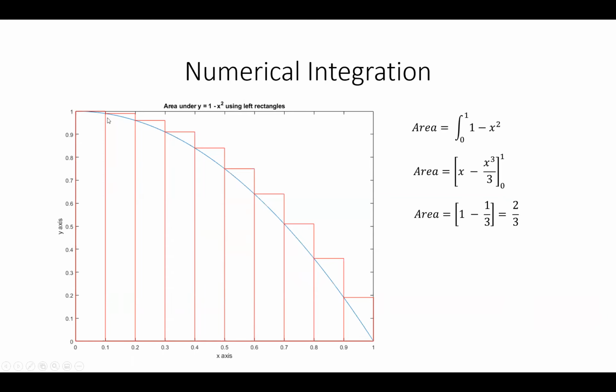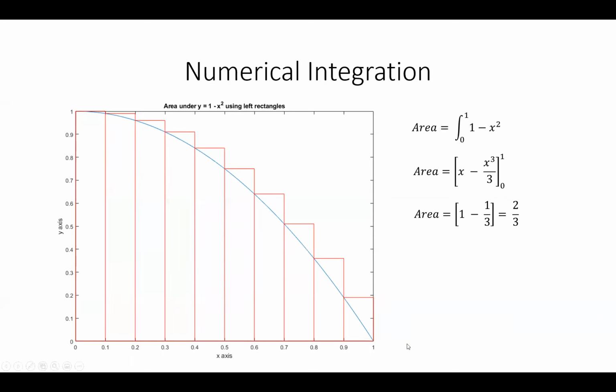Well, that makes sense if you take a look at these red rectangles. They essentially encompass a larger area than the function does. In this case, our function is y equals 1 minus x squared. But as I increase the number of rectangles, we would expect that error to be getting smaller and smaller.